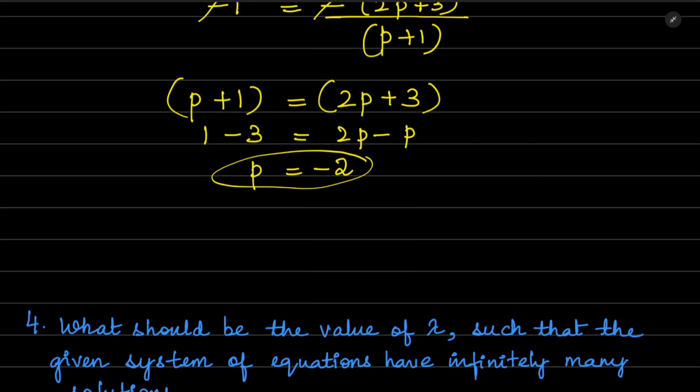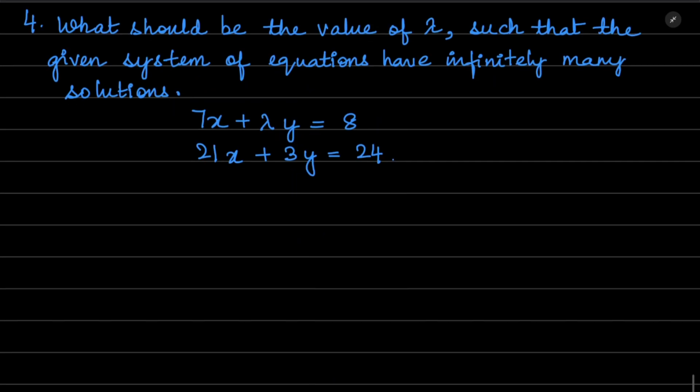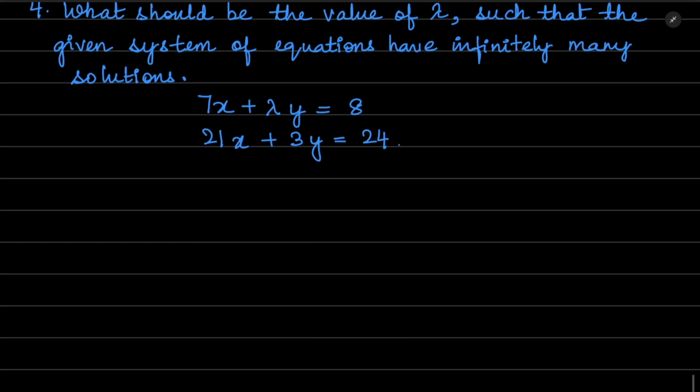Let's move on to the fourth question. What should be the value of lambda such that the given system of equations has infinitely many solutions? Let me rewrite the given system of equations again. You are given 7x plus lambda y, and I am going to rewrite it in the standard form, minus 8 equal to 0.